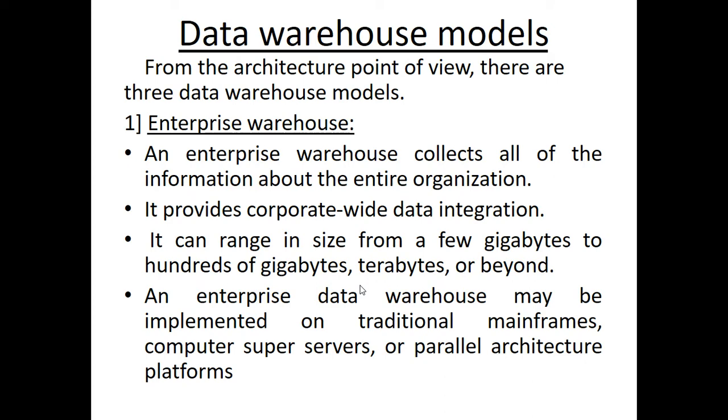Data warehouse models. From the architecture point of view, there are three data warehouse models. One, the enterprise data warehouse model. An enterprise data warehouse collects all of the information about the entire organization. It provides corporate-wide data integration. It can range in size from a few gigabytes to hundreds of gigabytes, terabytes, even more than that.